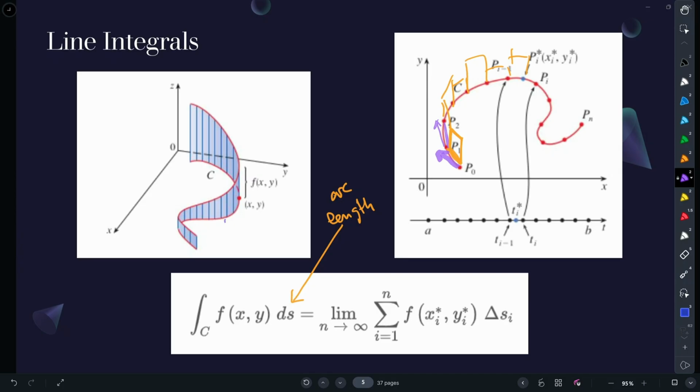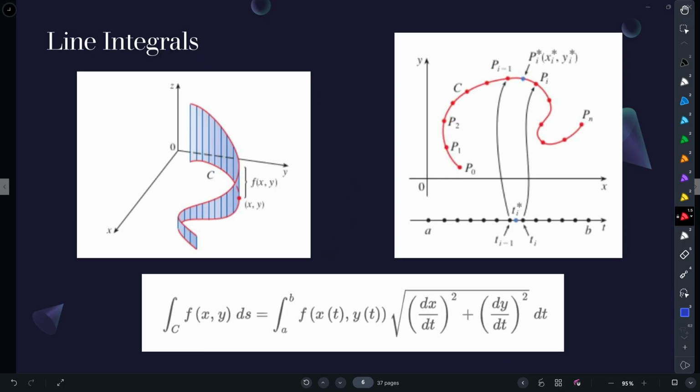So each one of these arcs is going to be estimated by that length, and that is what's going to be this parameter arc length. And when you integrate at the end of the day in the Riemann integral, what you get is this: the length of the tangent vector times the space in t.